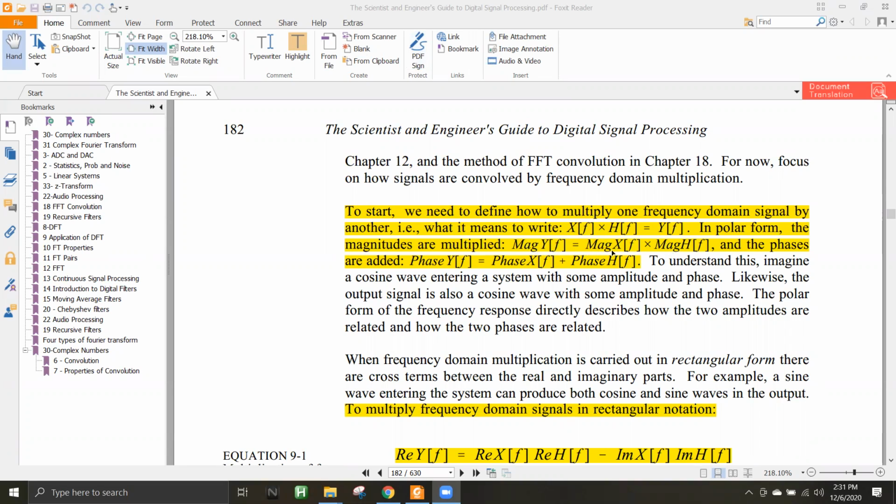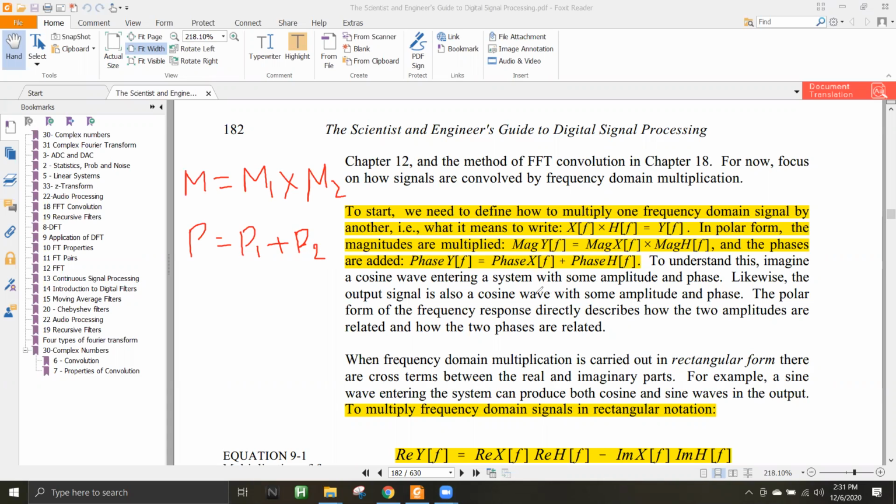So magnitude y equals magnitude x times magnitude h, and the corresponding phases would get added. So in the polar notation, magnitude equals magnitude times magnitude, and the phase equals phase plus phase when you're performing multiplication of two numbers.